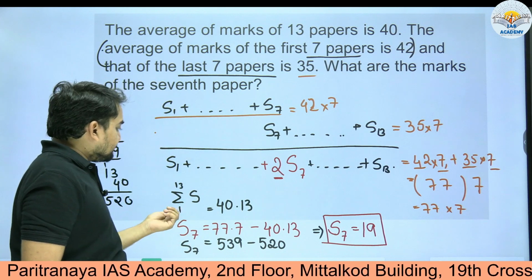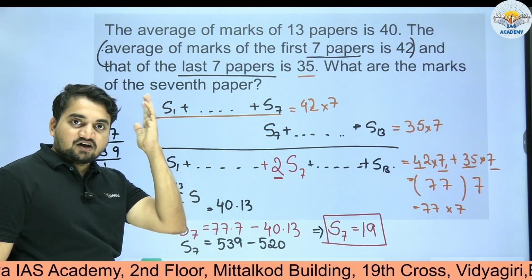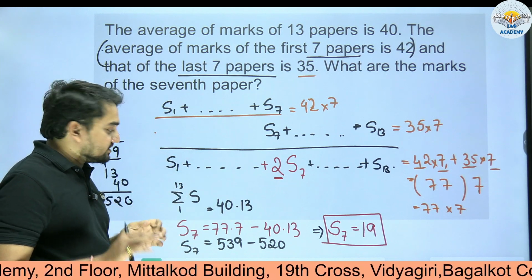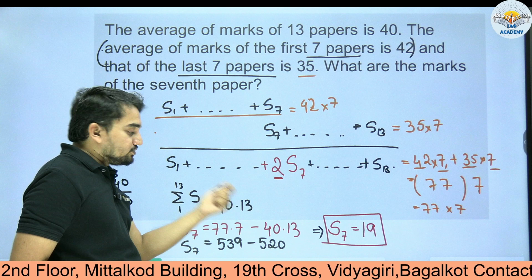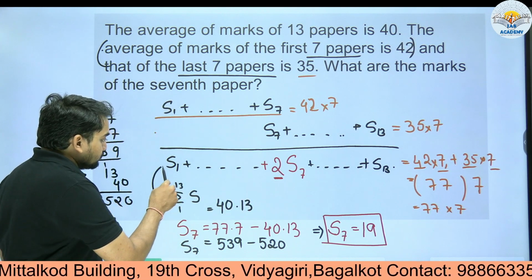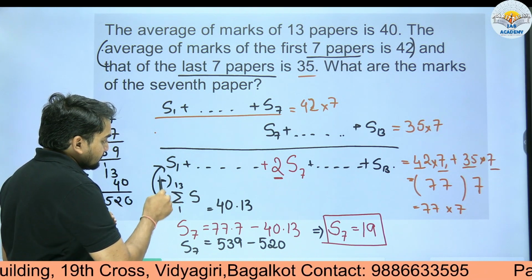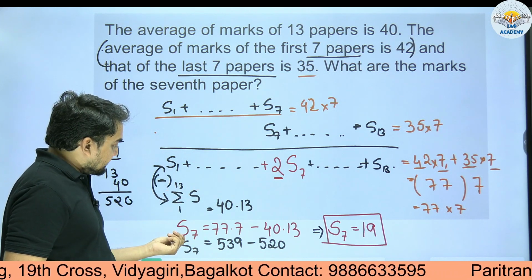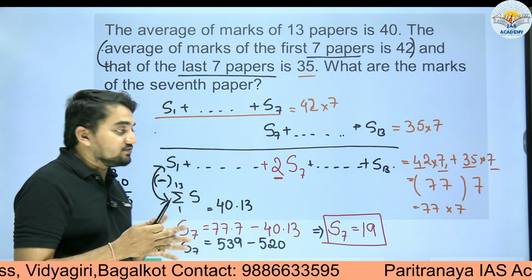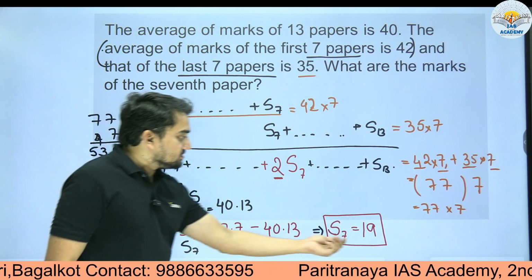So we got the series S1, S2, S3, S4, S7, S8, 9, 10 up to 13, which has no doubling, directly given as 40 into 13. I am going to subtract these two series. When I subtract, what remains is S7 only, because S1, S2, S3 are all the same except for S7. Then I get the value of S7 as 19.